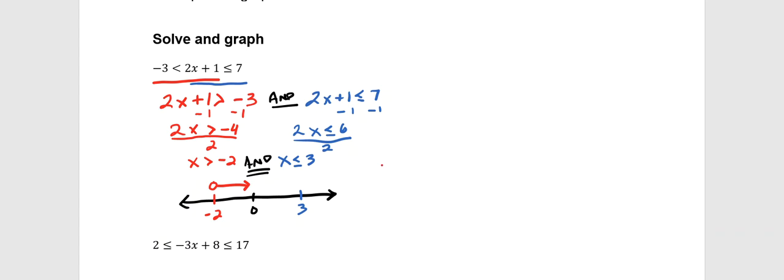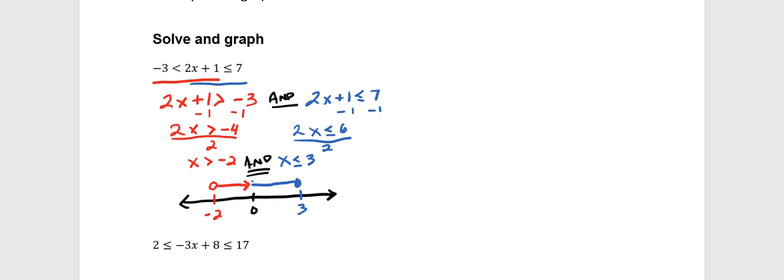Now, I'm not going to draw all the way across. If I were graphing x is less than or equal to 3, I would do a closed dot, and I would be graphing to the left. What's ultimately going to happen is that these two are going to merge into one single graph, and that's where the overlapping would be.